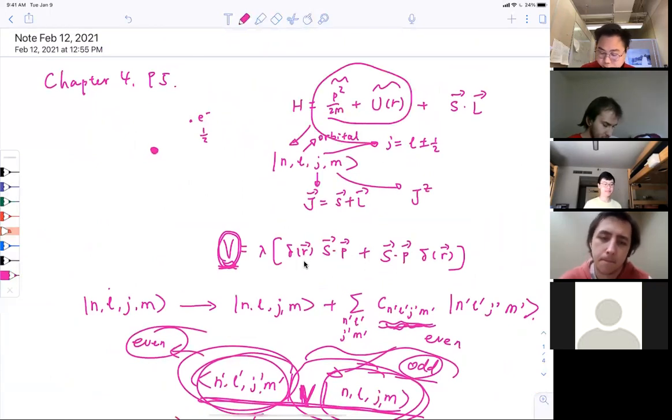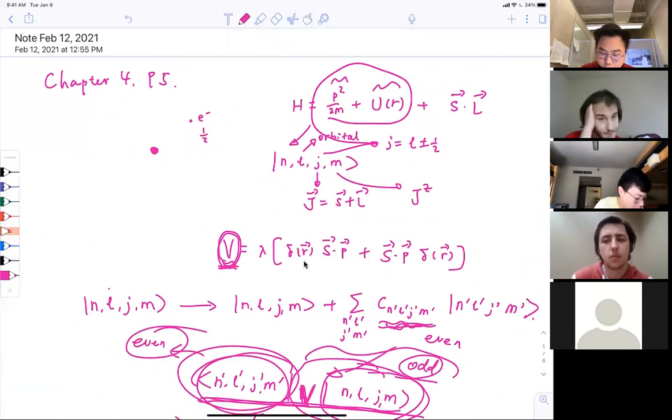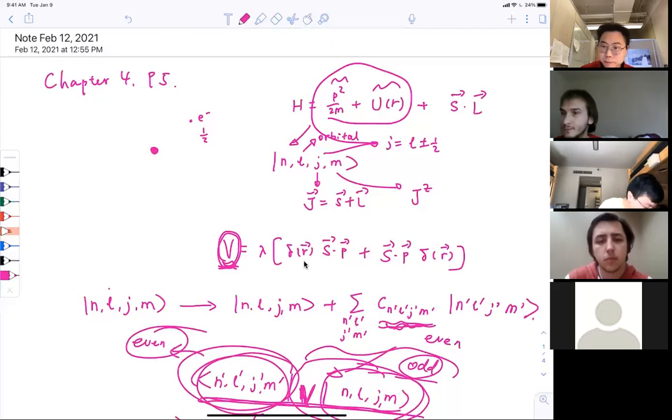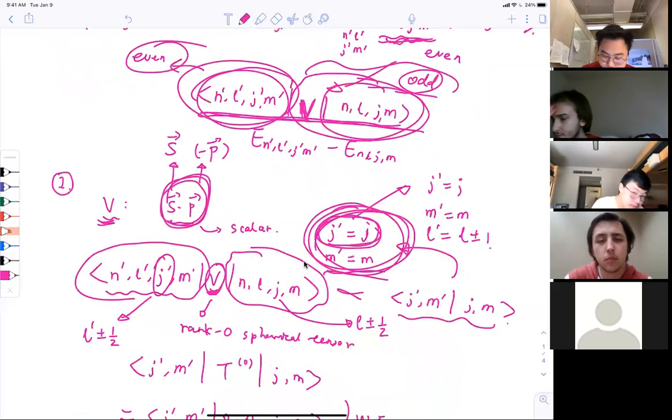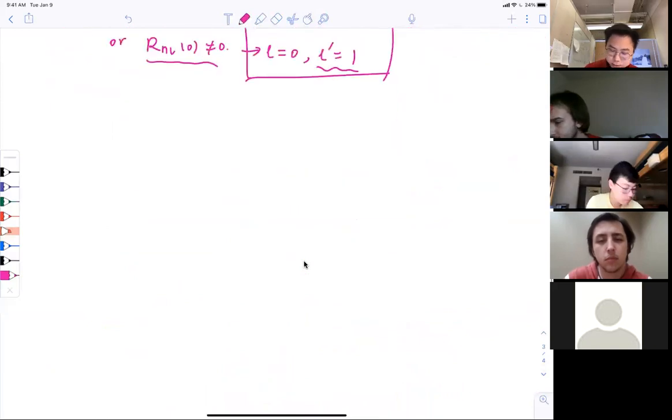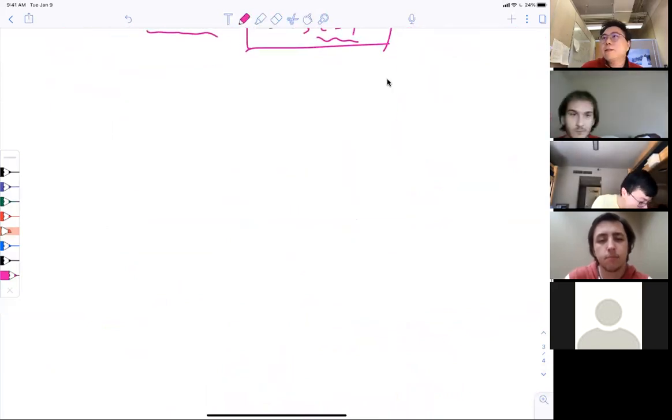This potential itself is invariant under parity, meaning that your wave function must be even or odd, right?